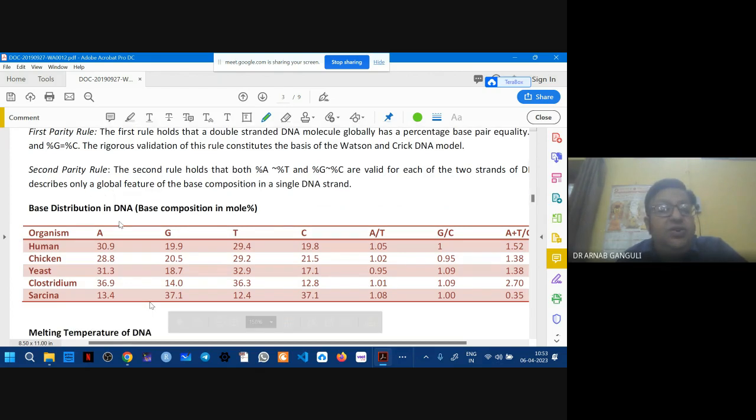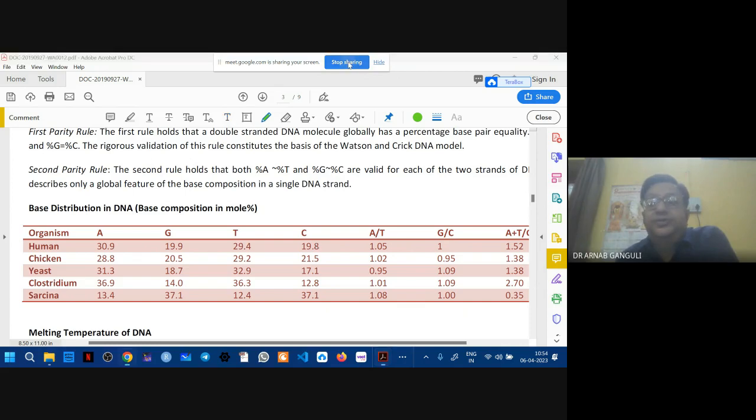He found out in human, if the percentage of adenine is 30.9, the amount of T is also comparable, 29.4 in human. If the amount of guanine is 19.9, the cytosine opposite to it was 19.8, which is comparable. A by T and G by C ratio should be 1. This is the Chargaff's rule.